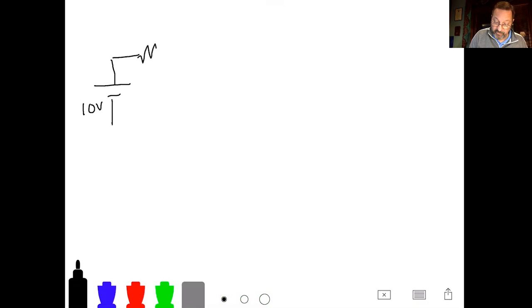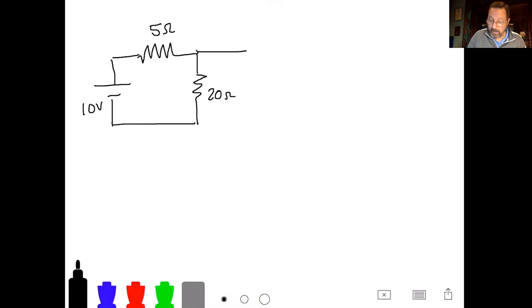And I've got a 5-ohm resistor right here. And I've got a 20-ohm resistor right here. And over here, I've got a 10-ohm resistor. And then over here, I've got a 20-volt battery. And there's my circuit, okay?